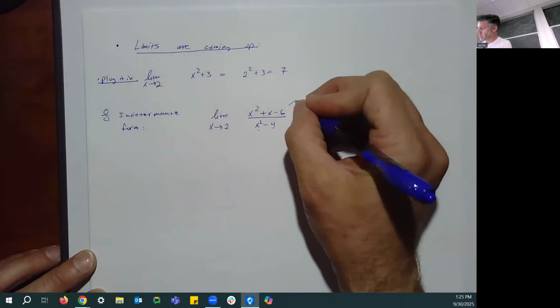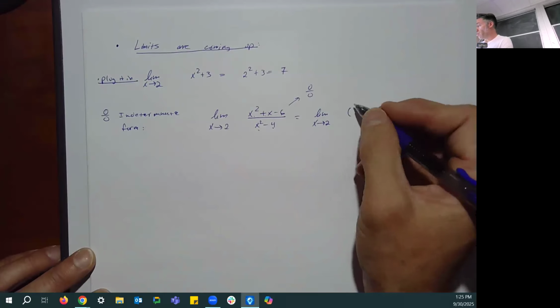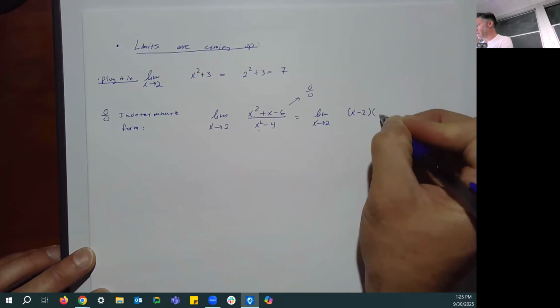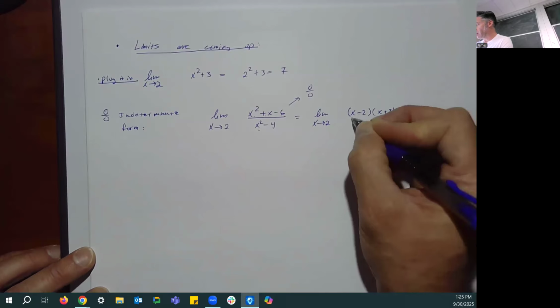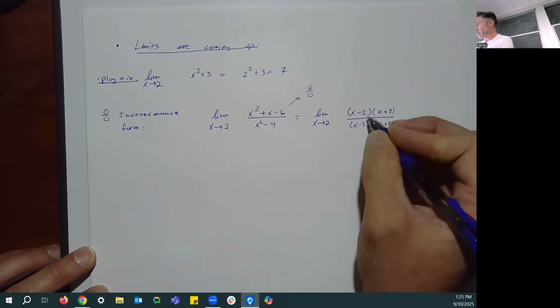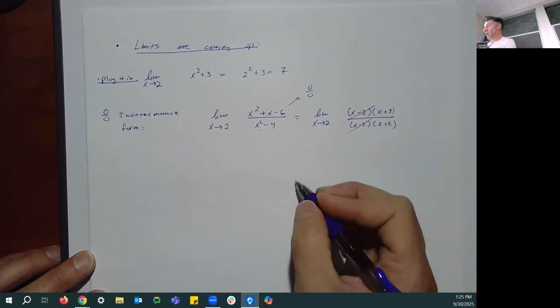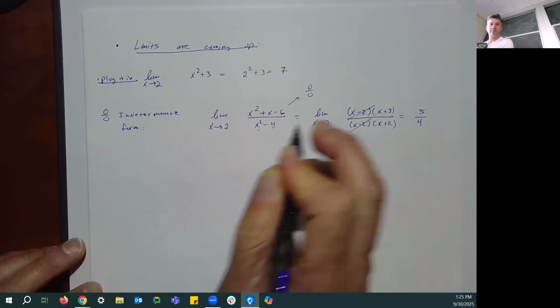So this is a 0 over 0 type. Here we can factor the top as (x plus 3) times (x minus 2), and the bottom is (x minus 2) times (x plus 2). We can cancel the offending factors, and then plug in 2 for x and get 2 plus 3 over 2 plus 2.